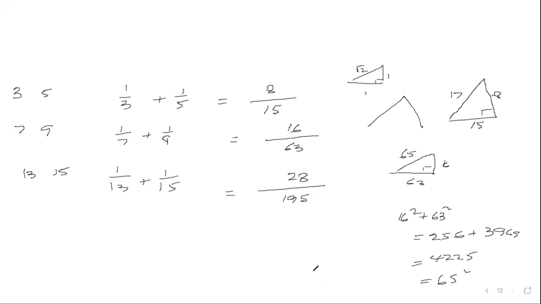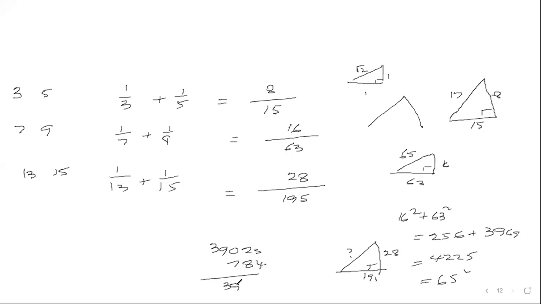And this one, I must confess I don't know what this is. So 28, 195, and there's something else, and that turns out to be an integer. All right, I do know that 195 squared is 38,025, and 28 squared is 784.